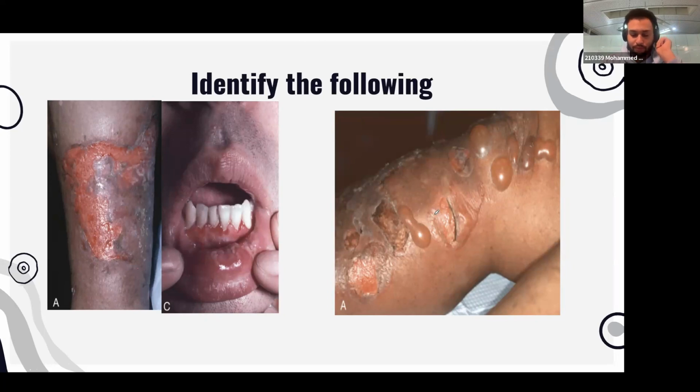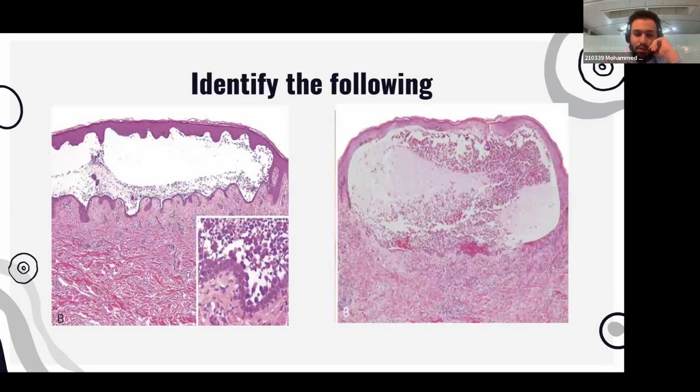Okay. Now, you want to check how it looks under a microscope. Histology, appearance. It's very important you know the histology. Now, what is this one? Pemphigus vulgaris.